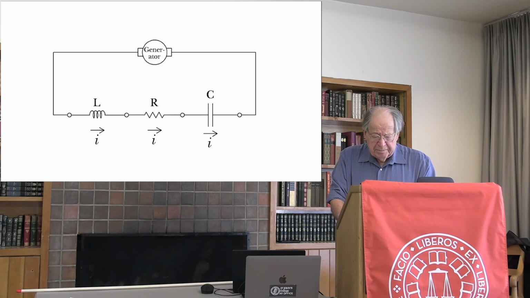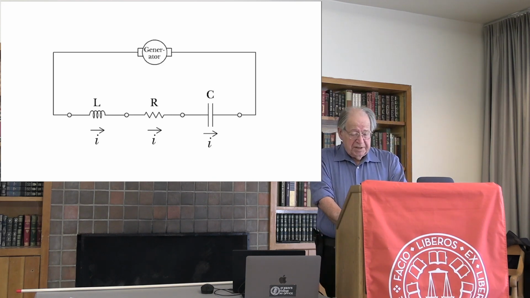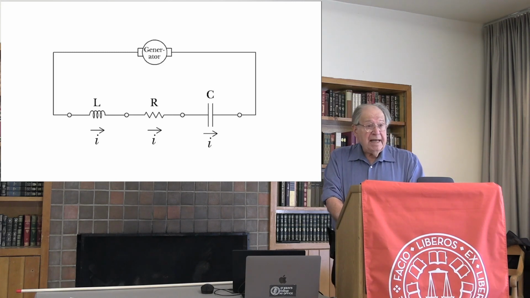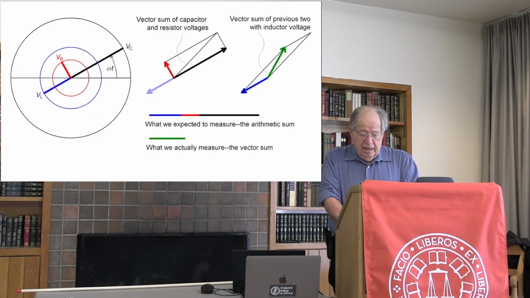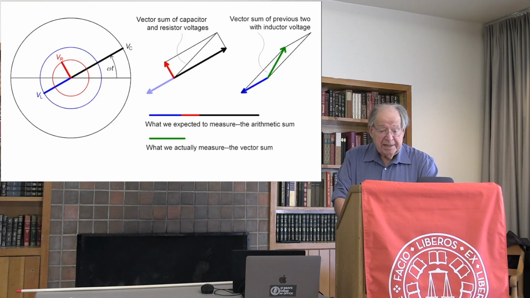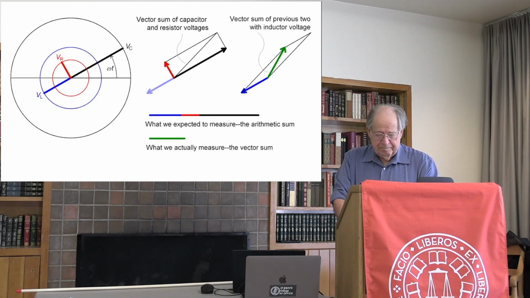So when we draw the paradigm circles for each of them, the radii representing their currents will all be identical in length and angle. We can then superimpose those circles on one another with their current radii lined up to obtain a composite paradigm shown on the left in this slide.